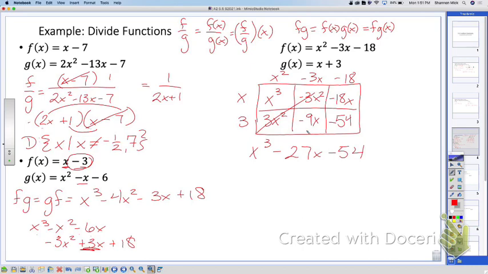So I'd have negative 3x squared plus 3x, and then plus 18. I like this because my boxes aren't even, it's not straight, and I'm messing with all that. I can make a modified box and just line them up. If it's not a like term, I just skip it and line it up.